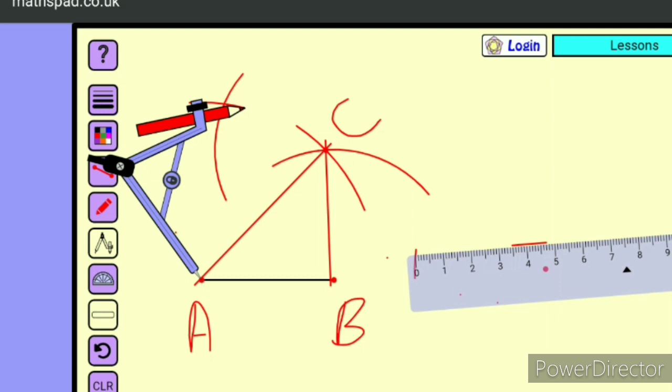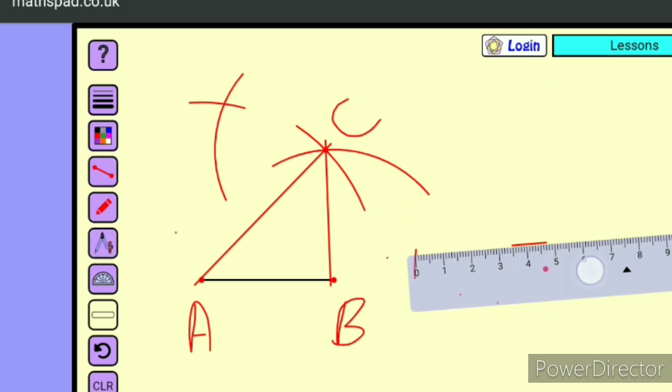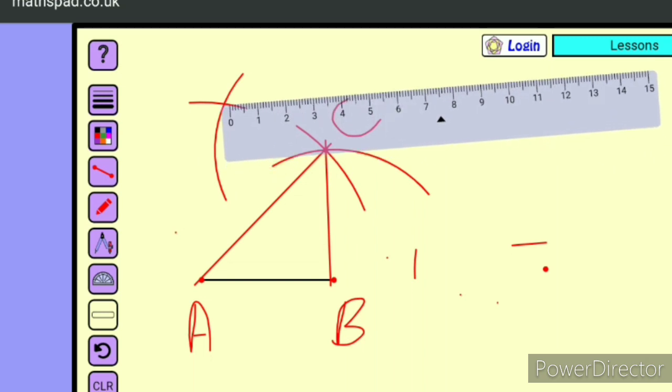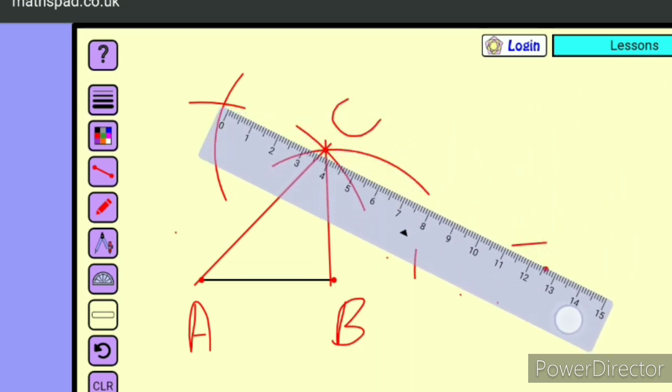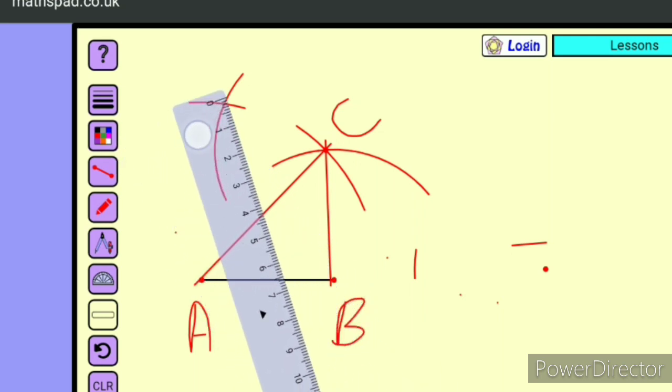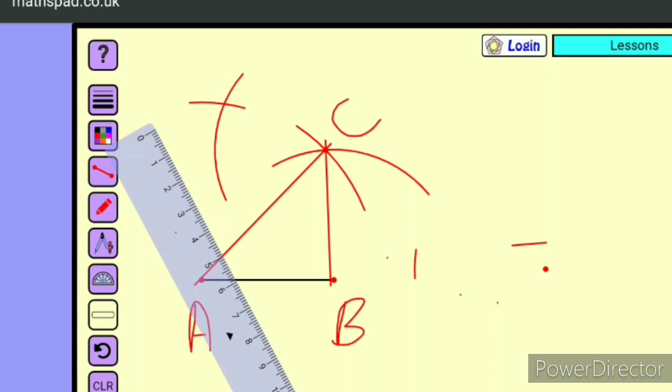Got it? Now these two arcs meet at a point, no? The point where the two arcs intersect, you name as D.